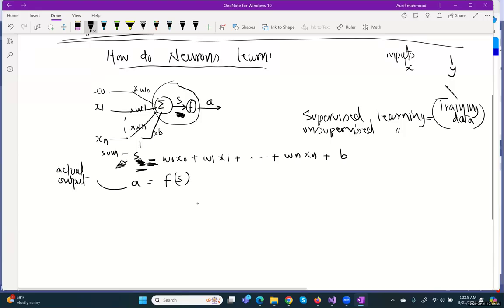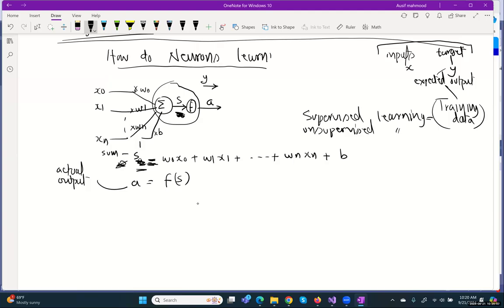So Y is what we call the target, or sometimes people call it the expected output. Both X and Y are coming from the training data, so this will be given to us. For a single neuron, let's pretend Y is just one number.